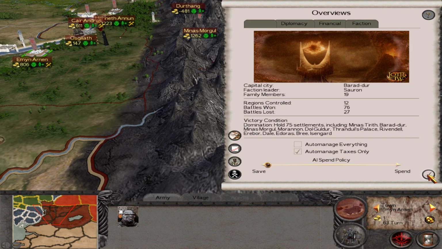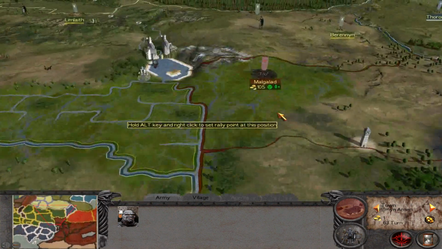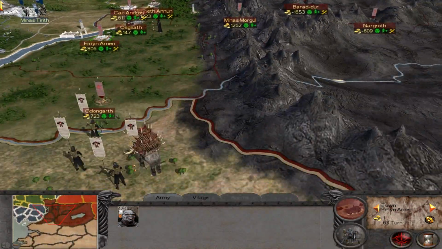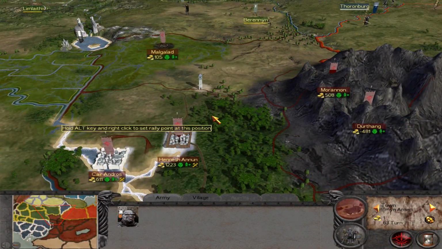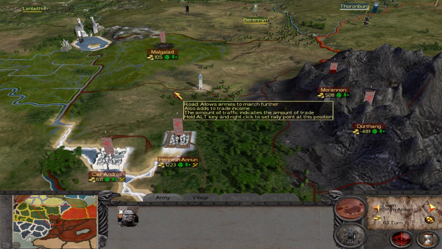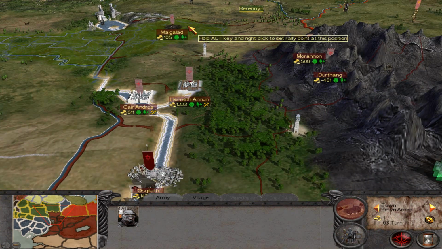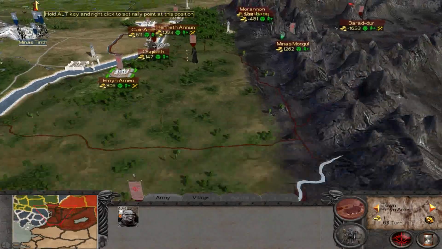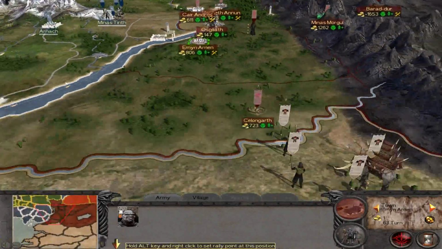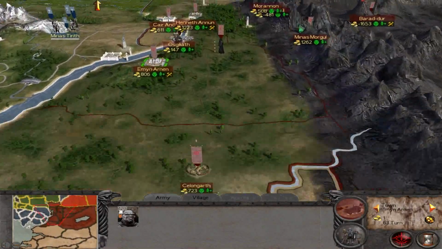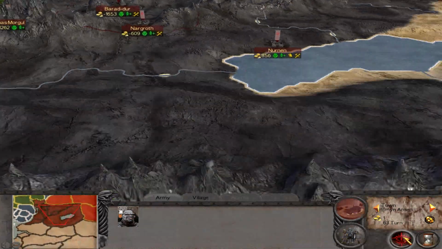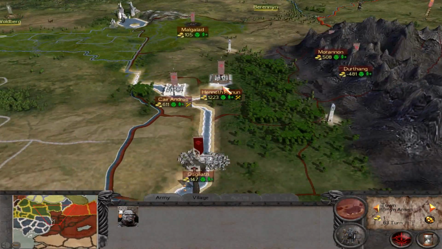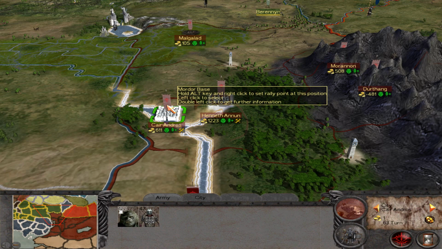So we hadn't played that far into the campaign, but we were lucky and found Frodo near, I believe, Hennet Annun or Malgalad, somewhere near here. And then we took the ring to Sauron, so we are strong thanks to the ring, but we do not have a lot of areas. We almost only have Mordor and some Gondorian areas.